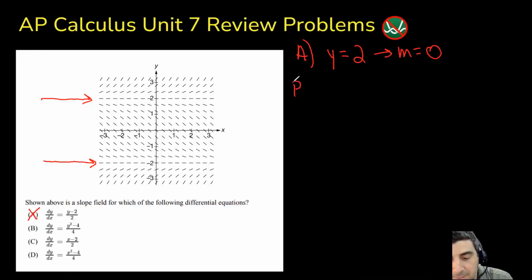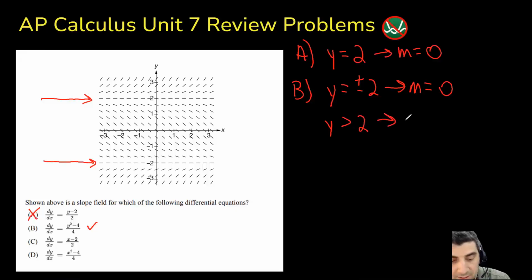For choice B, if y equals plus or minus 2, then the slope is equal to 0. That definitely lines up. Also, if y is greater than 2, then the slope is going to be positive for this one, since y squared minus 4 is in the numerator. Notice for values greater than 2, the slopes are positive.